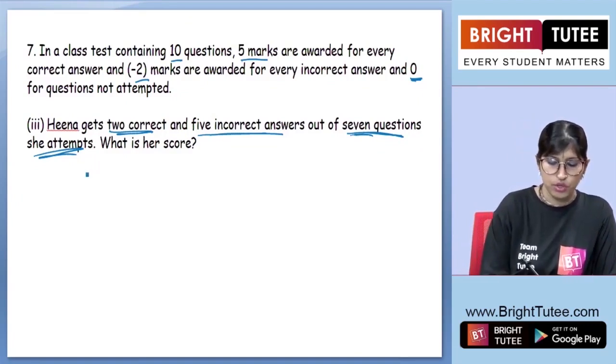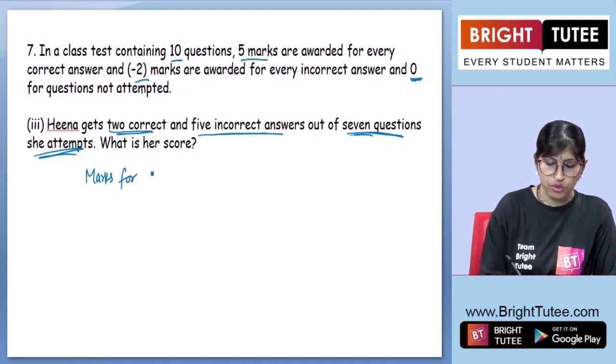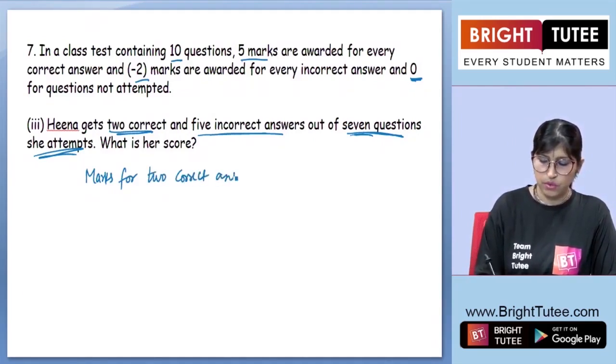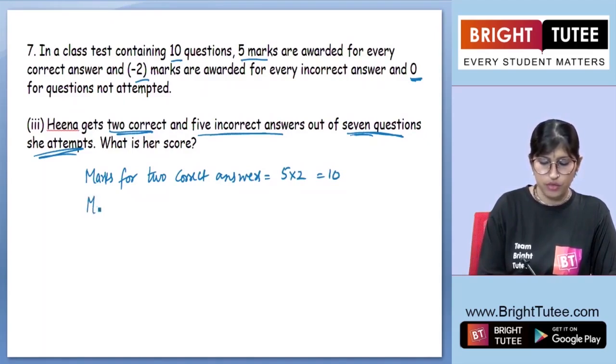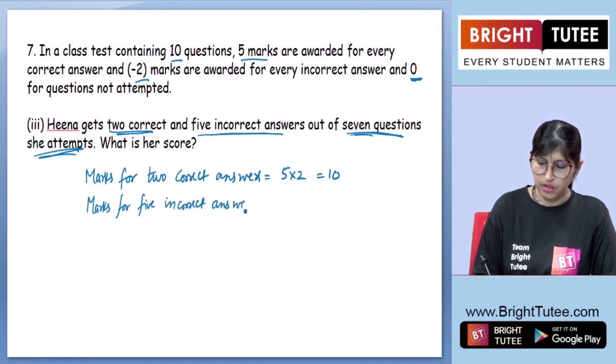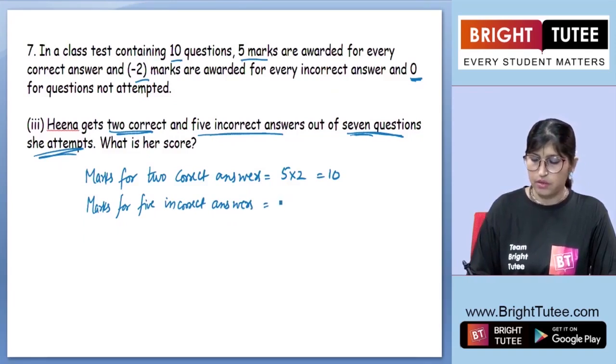So what do we do? Hina will get marks for 2 correct answers, which will be 5 into 2, which is 10. Now marks for 5 incorrect answers will be -2 times 5, which will be -10.